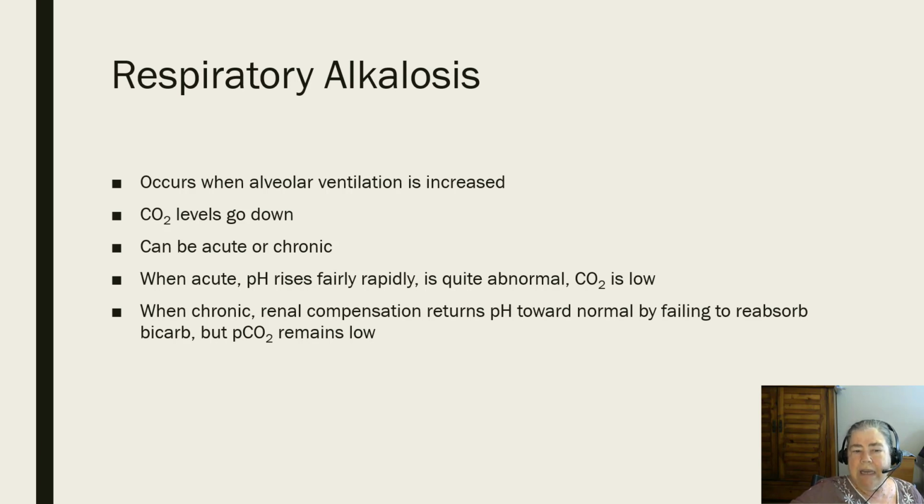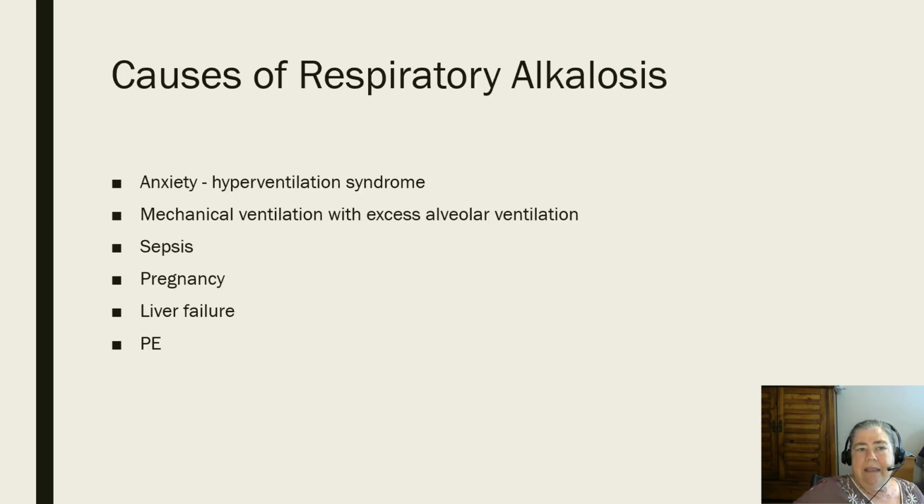But if it's chronic, the pH is closer to normal, but the PCO2 is still low. And the reason the pH returns to close to normal is because of renal compensation, where the kidneys are eliminating more hydrogen ions and making more bicarb.